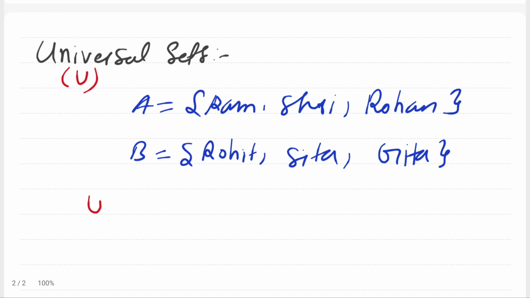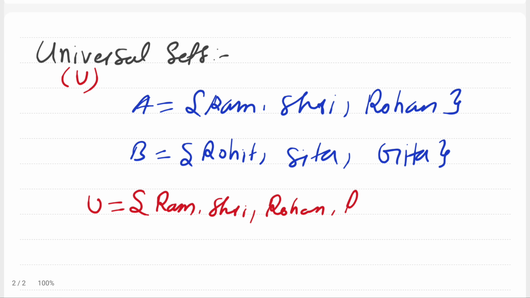So we can write here U equals, and here we will write all these names: Ram, Sri, Rohan, Rohit, Sita, and Geeta. When we represent all these members, this is called the universal set.